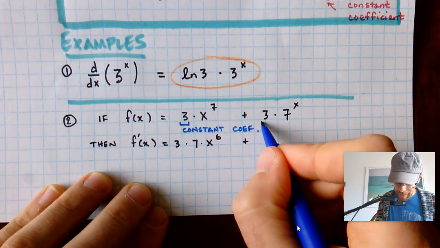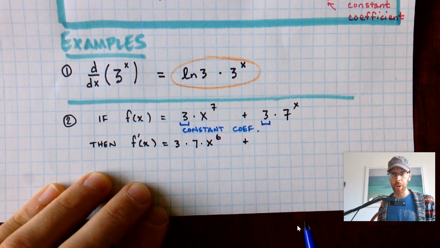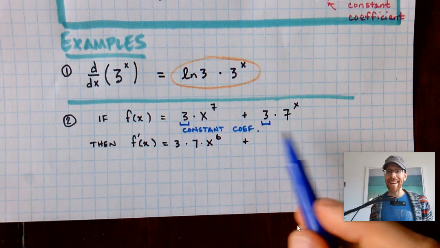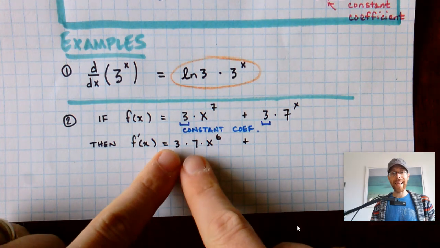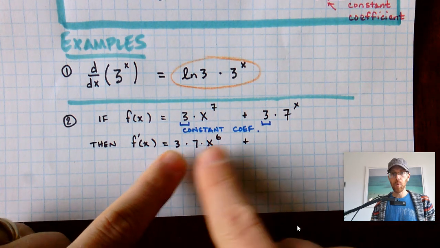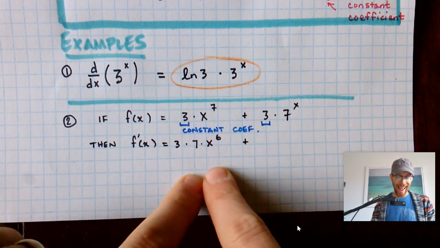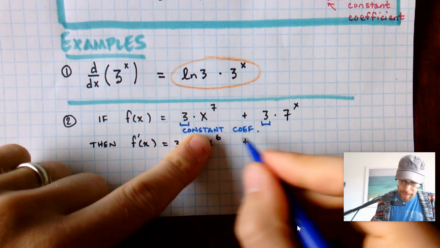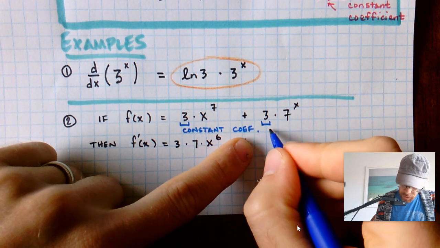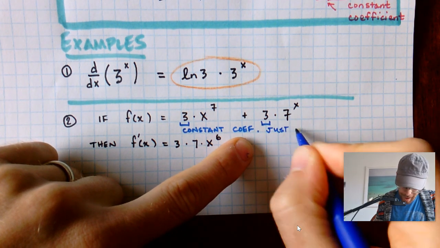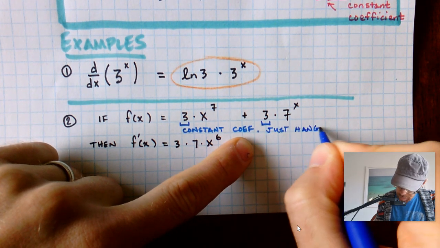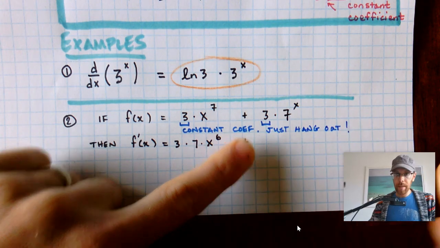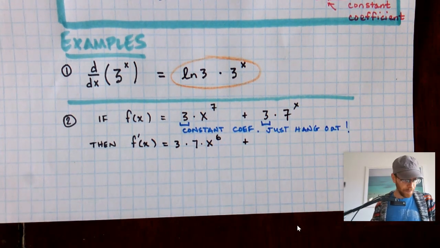Right here we have a constant coefficient 3. So when we evaluate the second term, we're going to play the exact same game that we played here, where we're just going to let that 3 hang out. Everyone likes hanging out. In fact, I'm going to write that down. Constant coefficients just hang out. They don't do anything but sit right where they were.